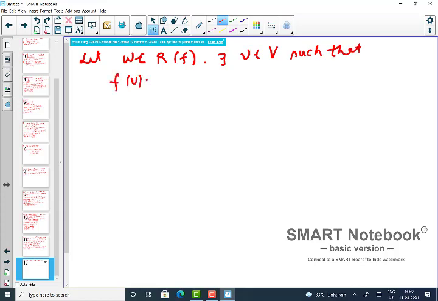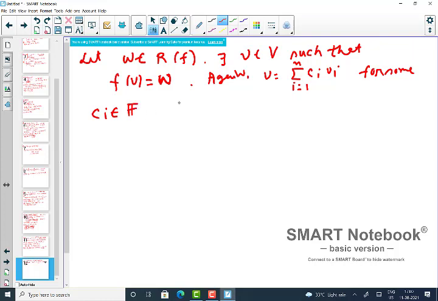Okay. Now v is inside V, right? So v can be written as the summation of ci vi, i equal to 1 to n, for some constants ci, and the vi are the basis vectors.